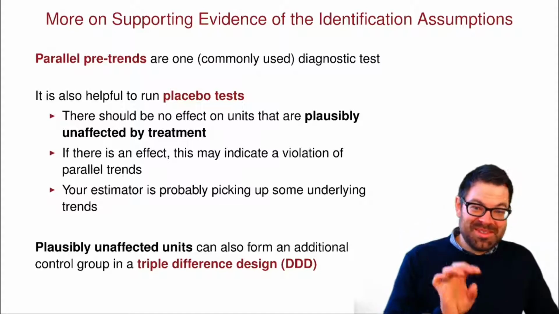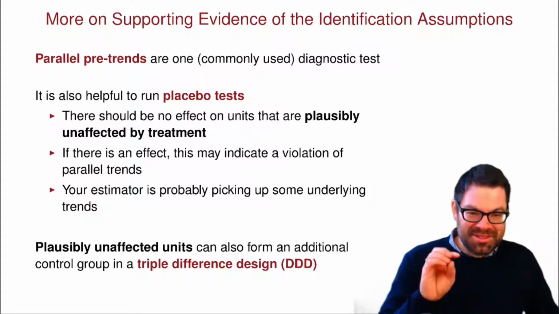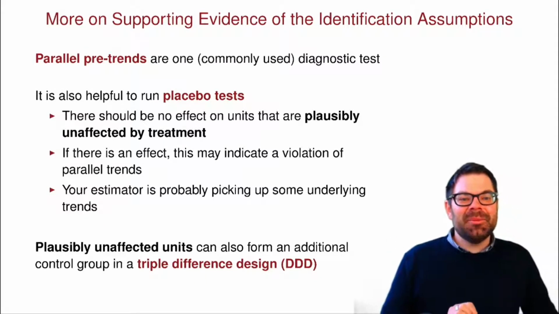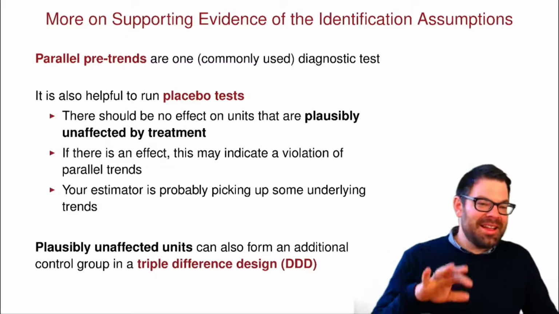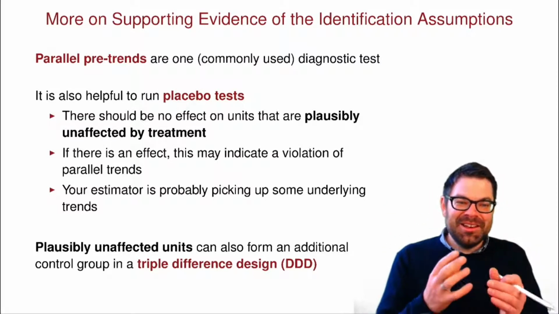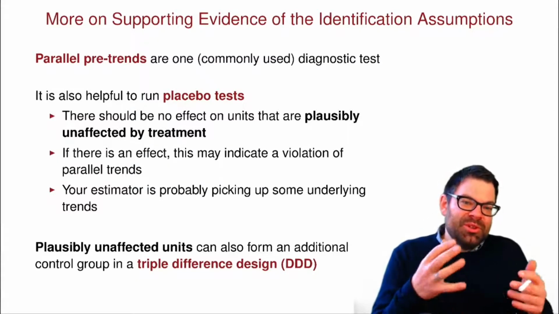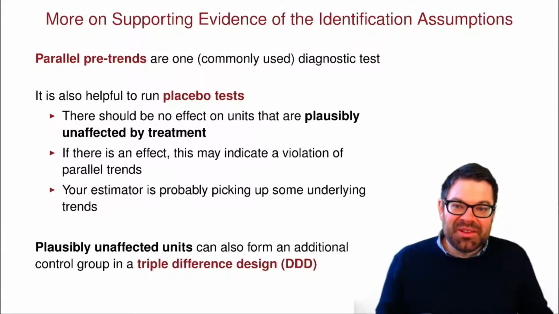So you need to state them in your paper, and you would not believe how few authors actually do that and are so transparent to state them. They kind of just hand-wavingly talk about parallel trends without actually telling us what they actually mean by that. And then you need to justify why they hold.